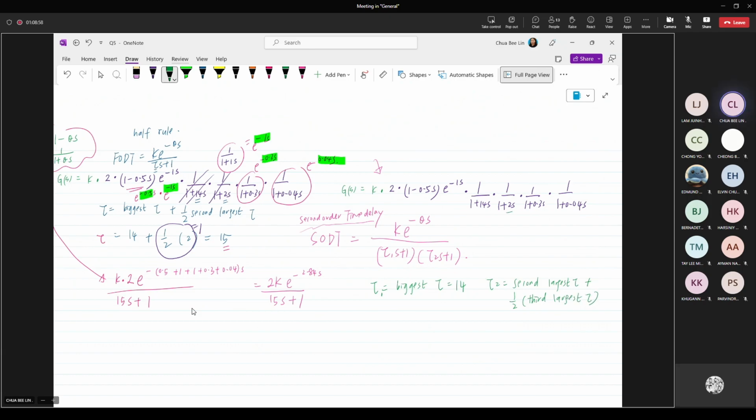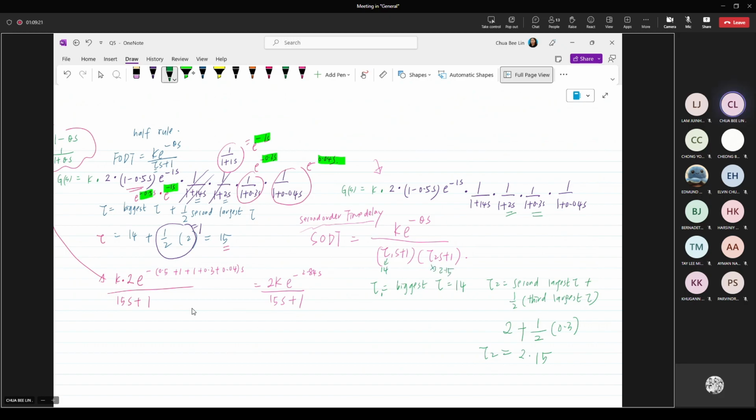So second largest tau is 2. Third largest tau is 0.3. So 1 over 2 multiplied with 0.3. This will give you the tau 2 equivalent to 2.15. So you already solved your tau 1 equivalent to 14, tau 2 equivalent to 2.15.